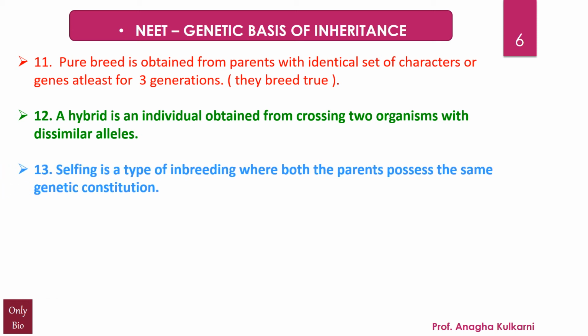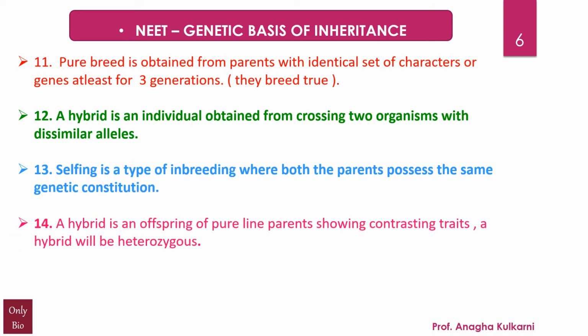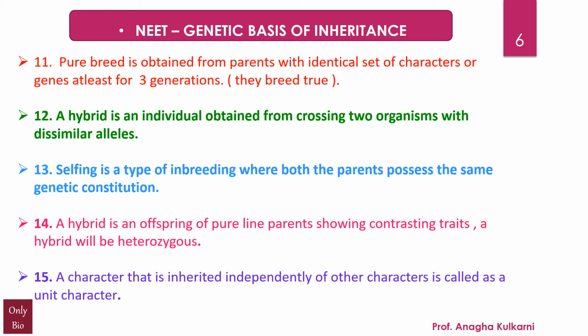Next, selfing is a type of inbreeding where both the parents possess the same genetic constitution. A hybrid is an offspring of pure line parents showing contrasting traits. That is, a hybrid will always be heterozygous. A character that is inherited independently of other characters is called as a unit character.